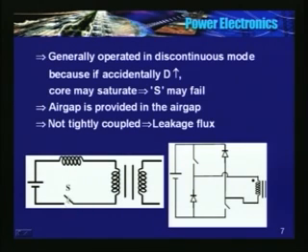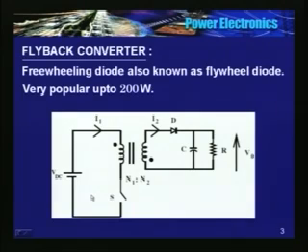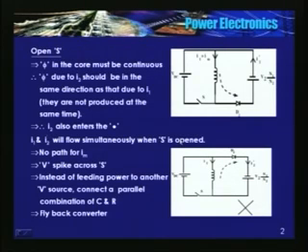Now when I open the switch, there is a path for the magnetizing current. What happens to the energy that is stored in this leakage inductance? See, in this equivalent circuit, there is a small leakage inductance in this path here, and this is the magnetizing.